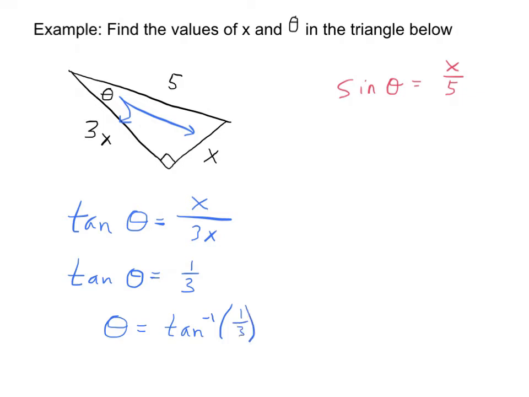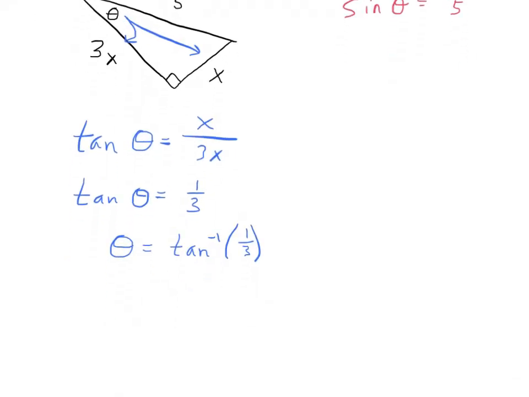On your calculator, the inverse tangent button is usually right above tangent. On a TI calculator, it'll be second tangent. So if we go second tangent 1/3 and hit enter, it'll come back and tell us that the angle we just found was 0.322. And we take a moment to ask ourselves, is that angle reasonable?